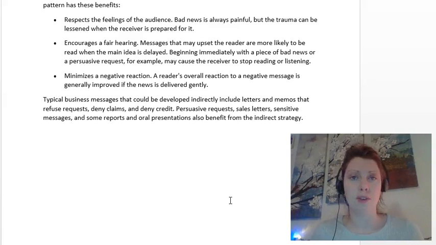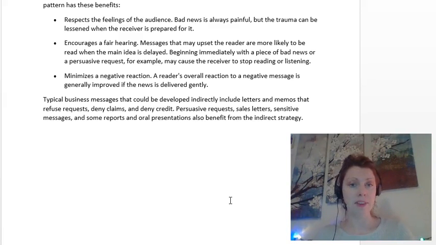This also is used commonly for denying claims or denying credit. So persuasive request, sales letters, sensitive messages, and some reports, sometimes oral presentations, depends on what you're talking about, may also benefit from this indirect strategy.